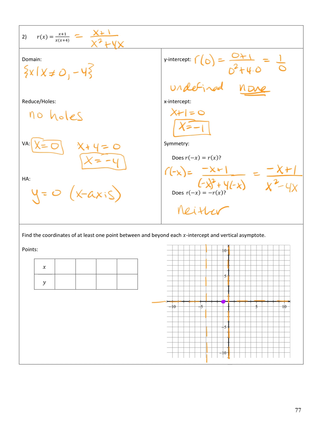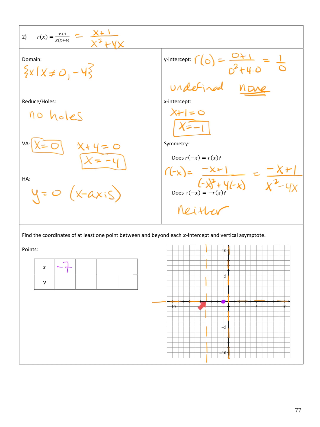Okay, so I want to add points between and beyond any vertical asymptote and or x-intercept. So I think I'm going to add four x's. I'm working my way left to right, and I know nothing about what happens over here before the first vertical asymptote. So I'm going to add negative 5 or negative 10 or anything in between. Let's go with negative 7. Next, I need a point after the first vertical asymptote, but before this x-intercept.